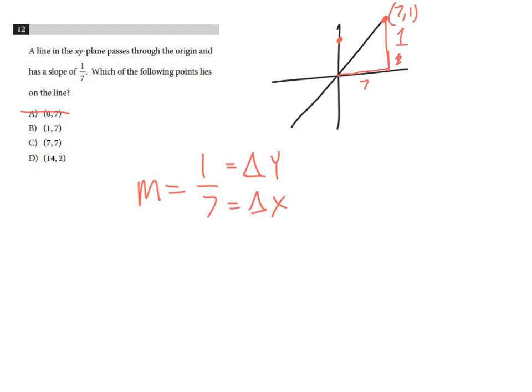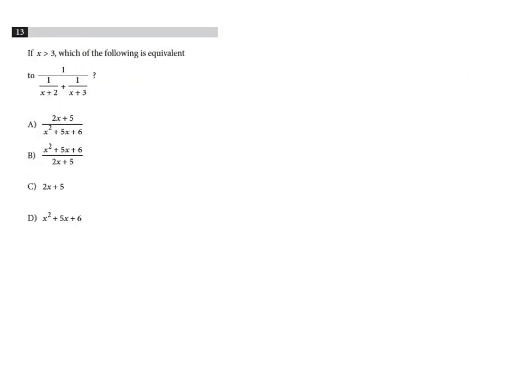And clearly, if (7, 1) is on the graph, 1/7 is not on the graph, and 7/7 is not on the graph. So it looks like D is our only solution in this case. And in fact, if we go over another 7, we'll get to 14, and then we go up another 1, we'll be at 2. So (14, 2) is our solution.